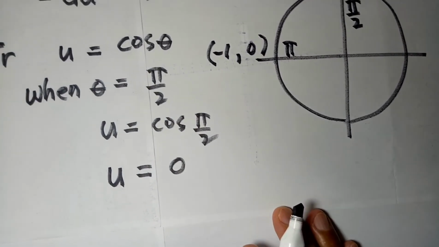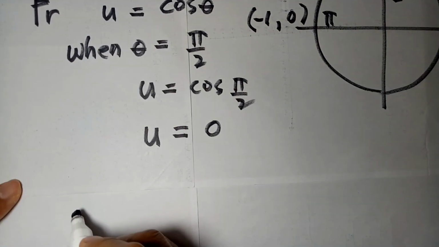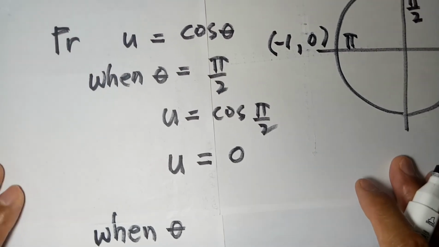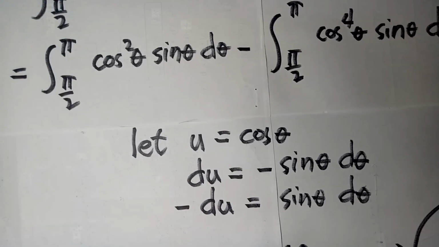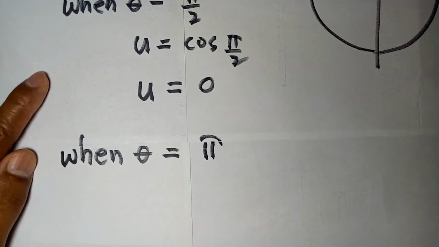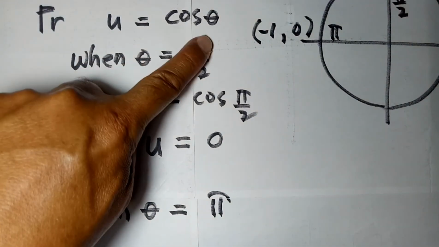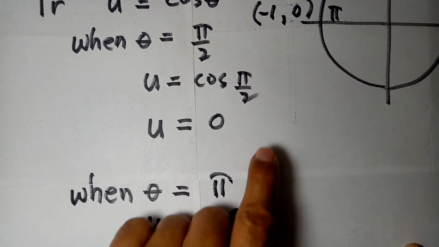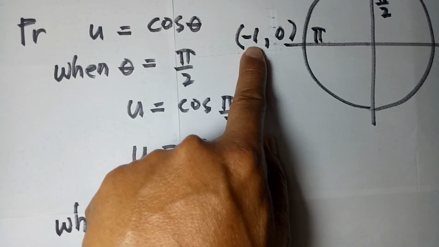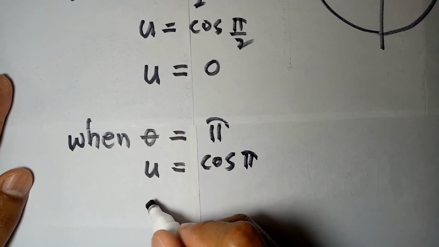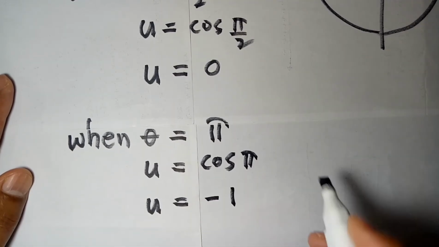And then, when theta equals pi, our upper limit, so, u equals cosine of pi. And cosine of pi equals the x coordinate. Now, cosine of pi is negative 1. So, u equals negative 1. Okay?